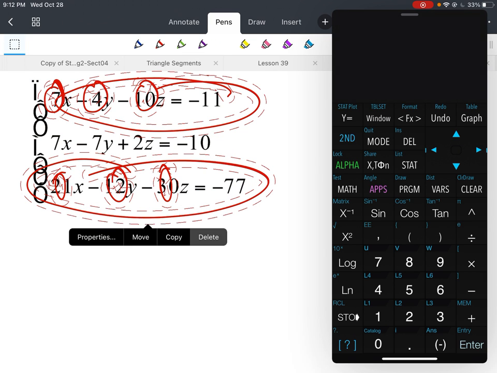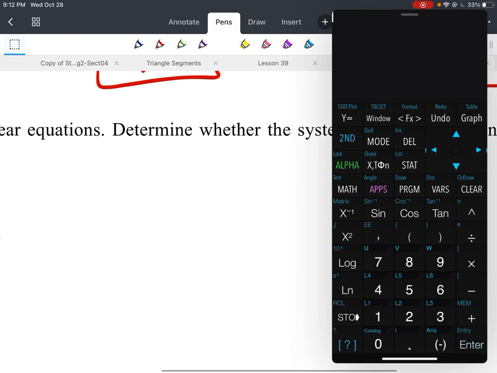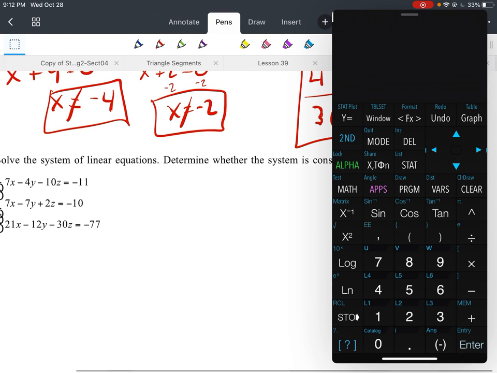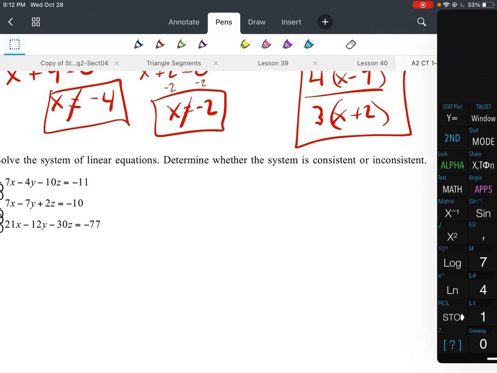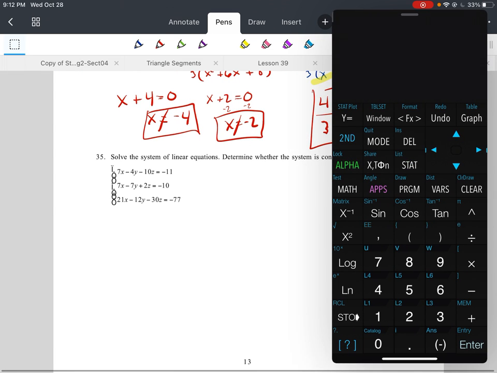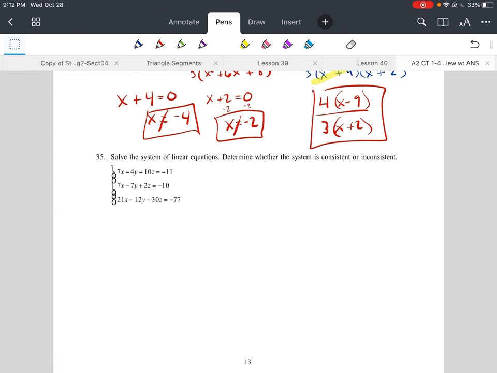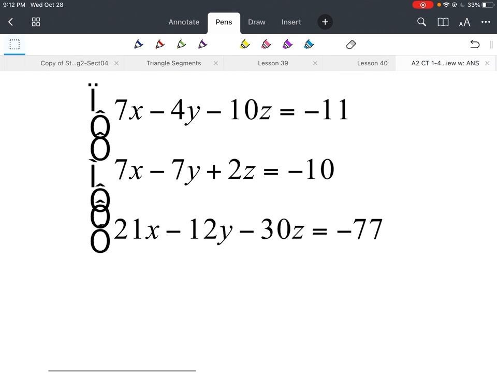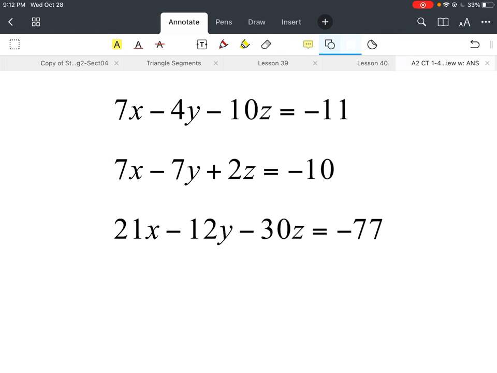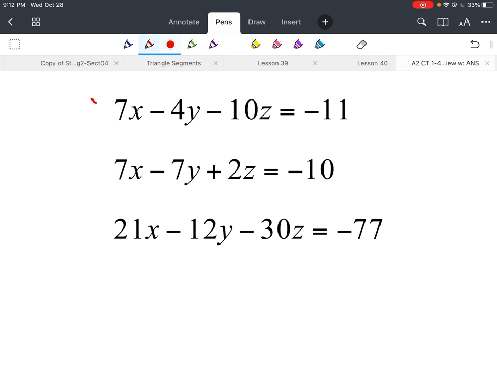And that's the hint I'll give you guys, is that if they're asking to determine whether the system is consistent or inconsistent and stuff like that, that's what they're looking for here. So I'm going to hold off on the matrix here because I can just spot it right now. So here's how you know. Let's say I multiply the first row by 3.